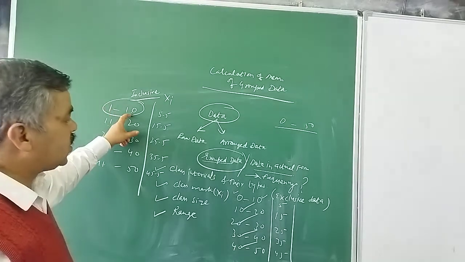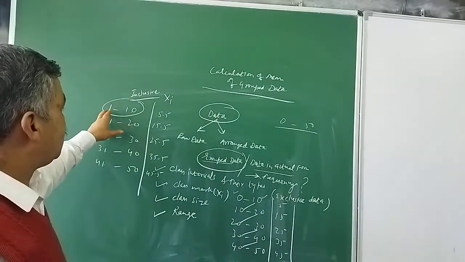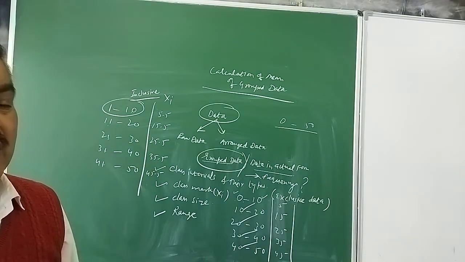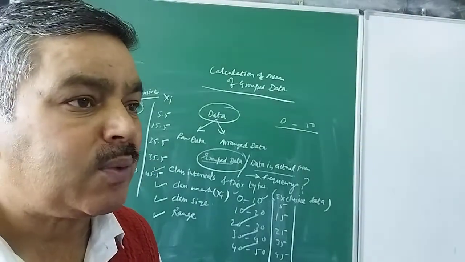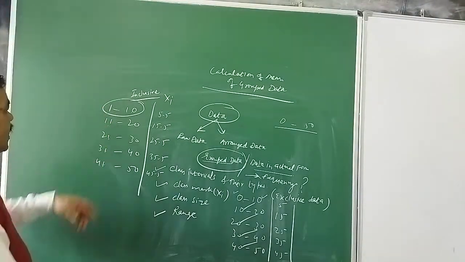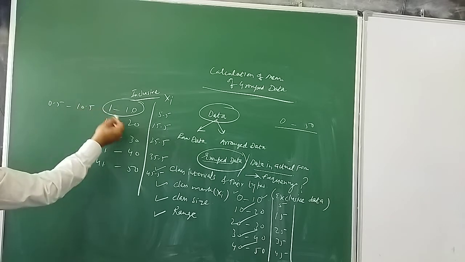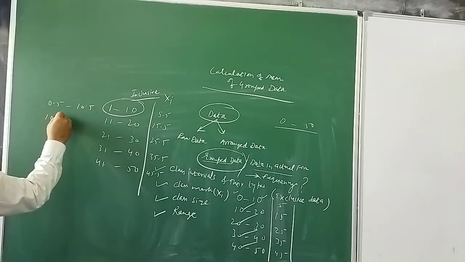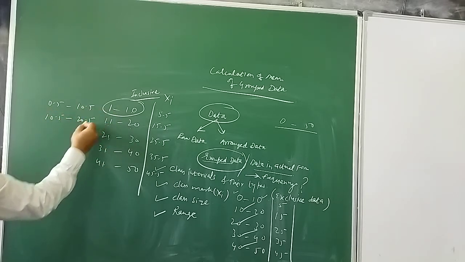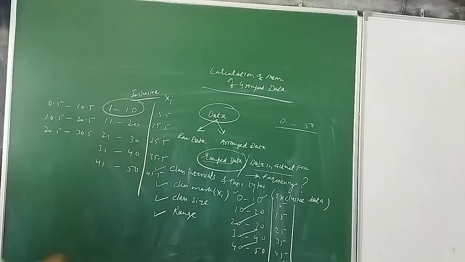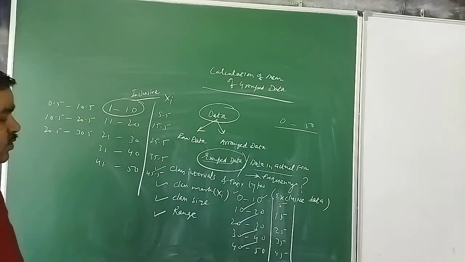So to make it continuous, there is a rule. From the lower limit you subtract 0.5, and to the upper limit you add 0.5. Once you do that, it will become 0.5 and 10.5. Then here it will become 10.5, 20.5, and so on, 20.5 and 30.5 and so on.